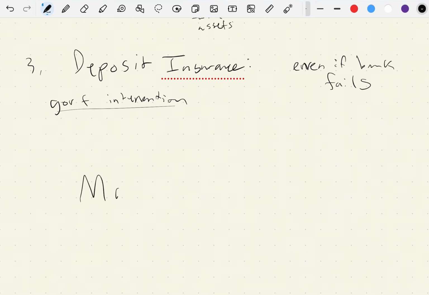The solutions to financial fragility then create a new challenge. It came up previously, but it's called moral hazard. Philosophically, if depositors are fully insured, they have no incentive to monitor their bank's behavior.